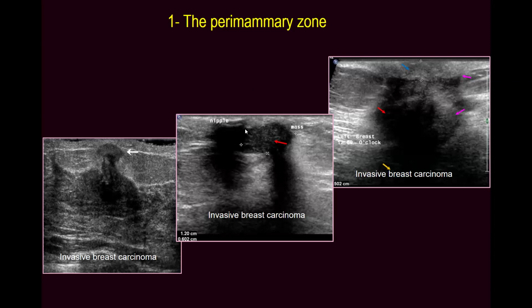But this lesion seems to arise with its epicenter within the hypodermis, infiltrating the overlying skin. The bulk of the lesion doesn't seem to be large, as in the first example, coming from the mammary zone into the pre-mammary zone. It seems to arise within the pre-mammary zone. How are you going to explain this?